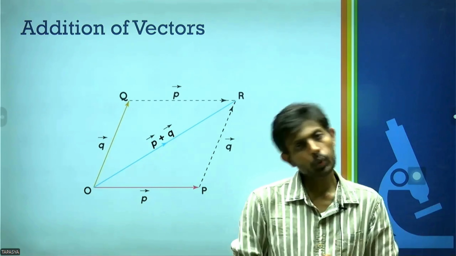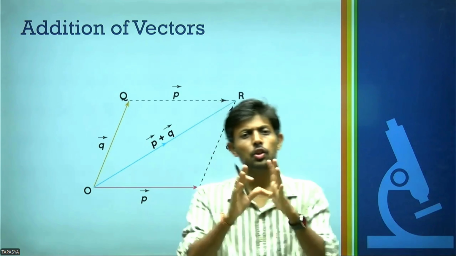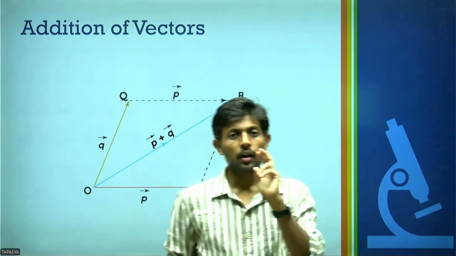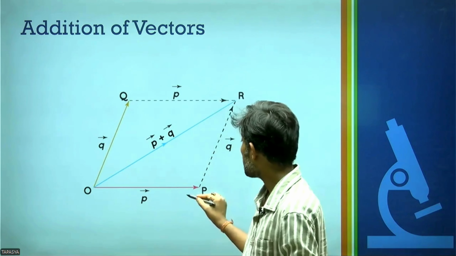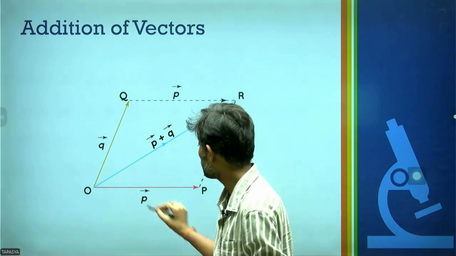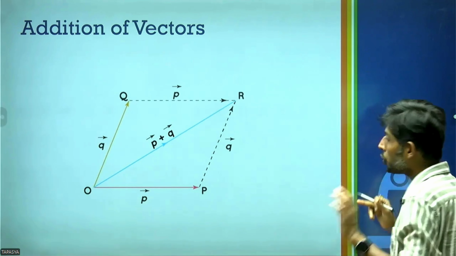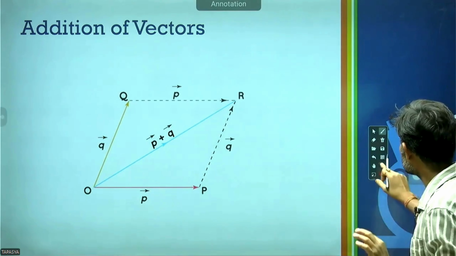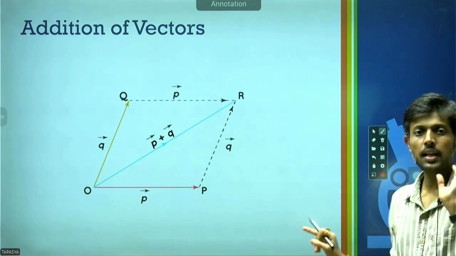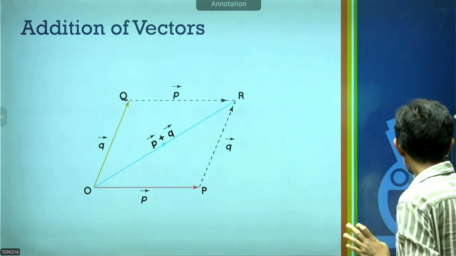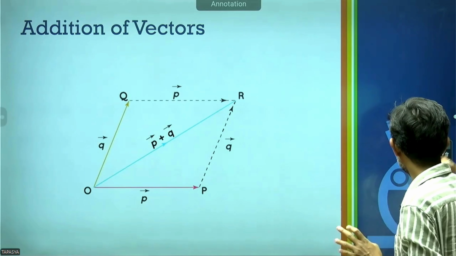So now we're going to take a look at addition of vector quantities. The simplest example is addition of two vectors, vector P and Q. Note that if you learn about addition of vectors, subtraction of vectors is the same thing with slight difference. I'll just quickly tell you that difference.